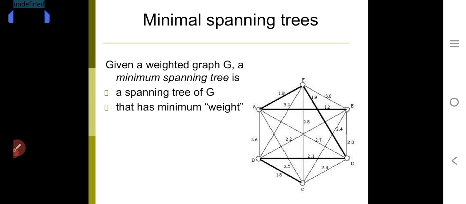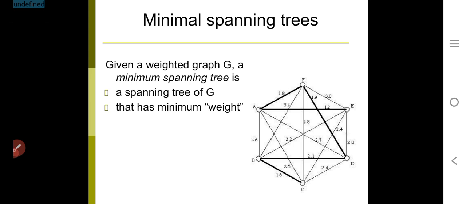This is known as the minimal spanning tree. How to find the minimal spanning tree value? It is based on two algorithms. These are known as Prim's algorithm and Kruskal's algorithm.